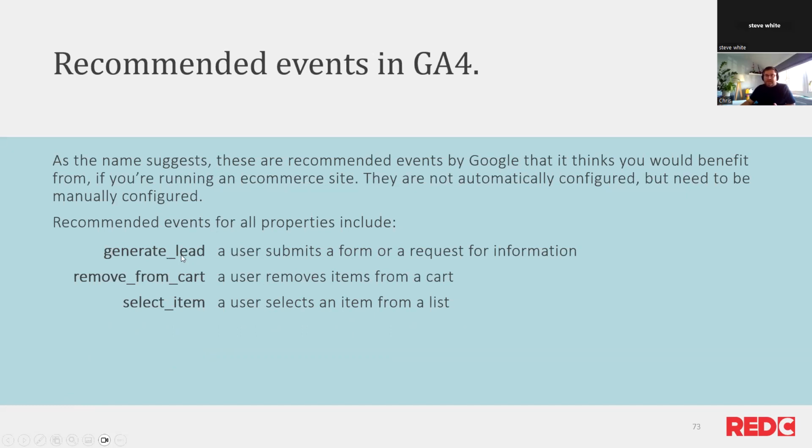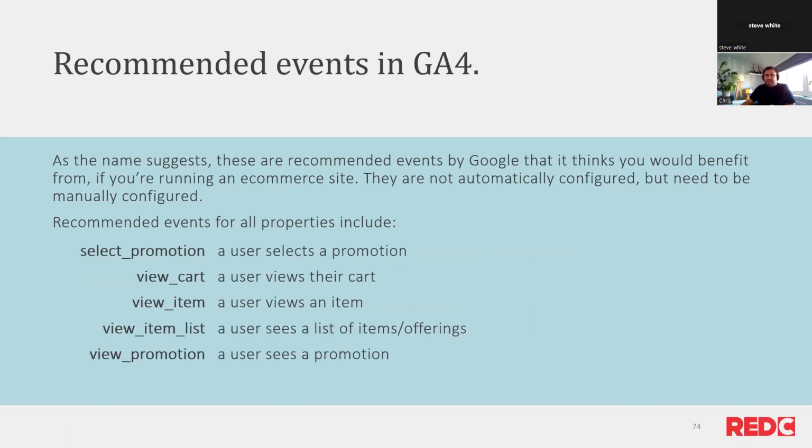I would slot into that and then add your parameters that are relevant. Select item might be if you've got a number of different options to choose from. So if you were selling 3 levels of insurance cover, you might do select item for tier 1, tier 2, tier 3. The cart ones are going to be very specific, depending on whether you have a shopping journey enabled for the site. There are some specific to apps. I've not listed them here.